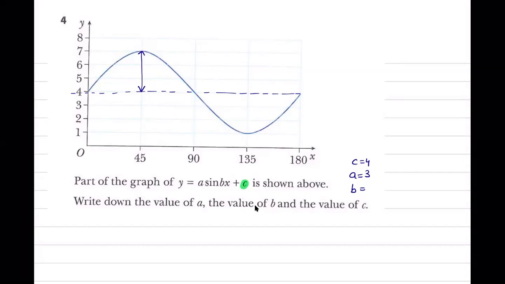Exactly. And do you guys remember कि मैंने आपको ये बताया था कि new period of the graph is always equal to 360 upon the value of B. If you want to use this equation to find the value of B, that's also fine. The period of the graph that you can see right now on the screen is 180 degrees. ठीक है? 360 divided by B. So B value would be 360 divided by 180, that is 2.